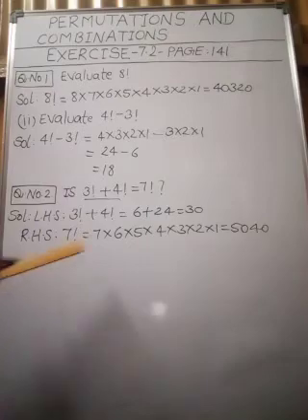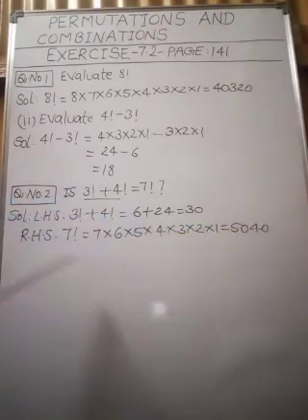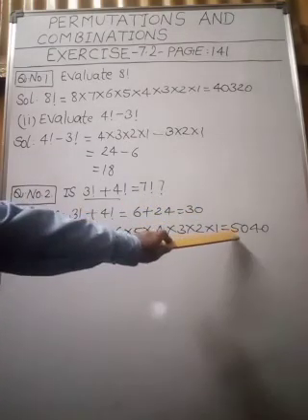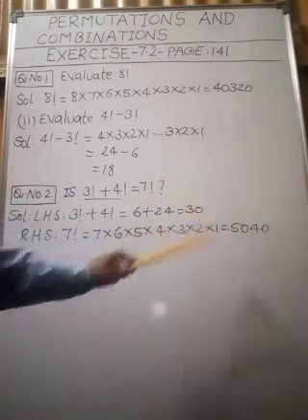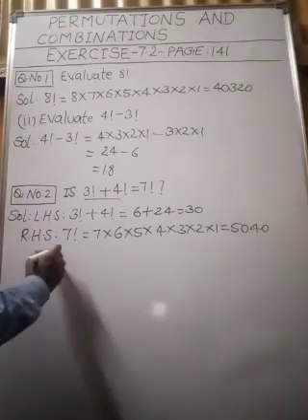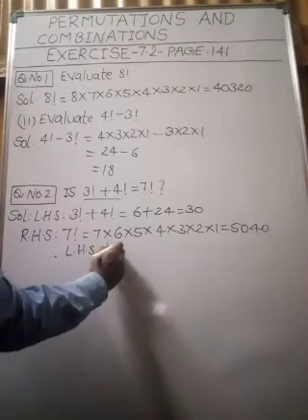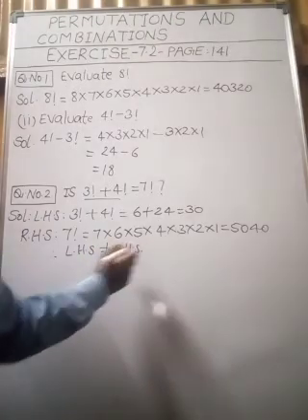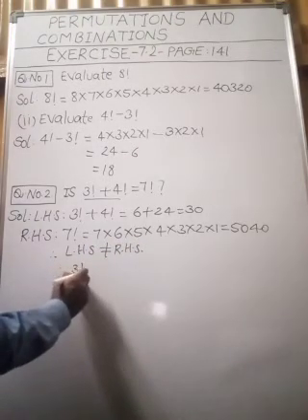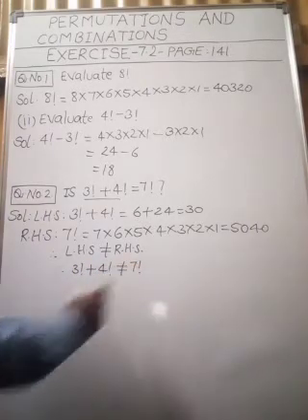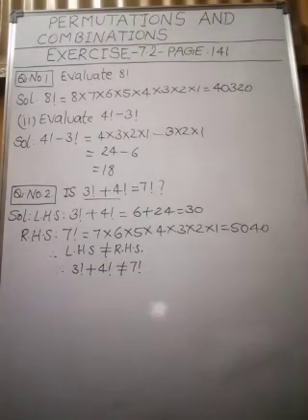By multiplying all these 7 numbers, we get 5040. Whereas LHS is 30 only, but RHS is 5040. Are these two numbers equal? No. Therefore, LHS is not equal to RHS. Therefore, 3 factorial plus 4 factorial is not equal to 7 factorial. Understood this point, my children?